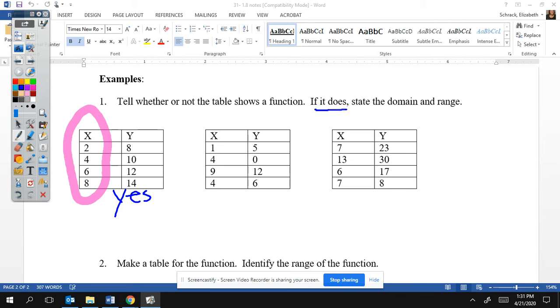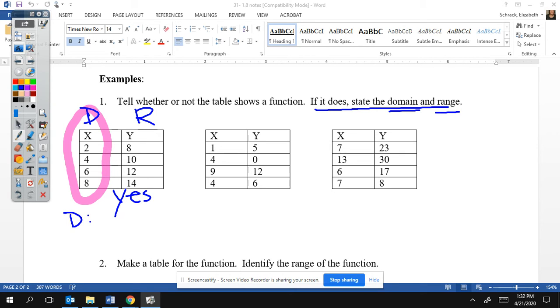And again, there's a second part to the notes. If it is a function, you're going to state the domain and the range. The domain are just all of your X numbers listed out behind the letter D, or you can write the whole word domain. And your range values are all of your Y values, again, just listed after using the letter R. So because this is a function, we're going to state the domain.